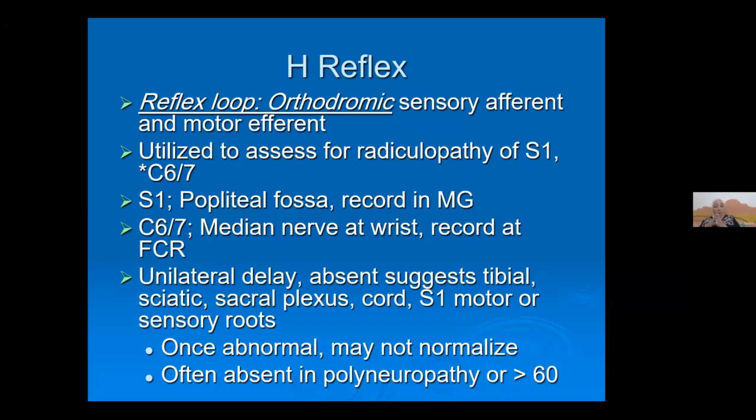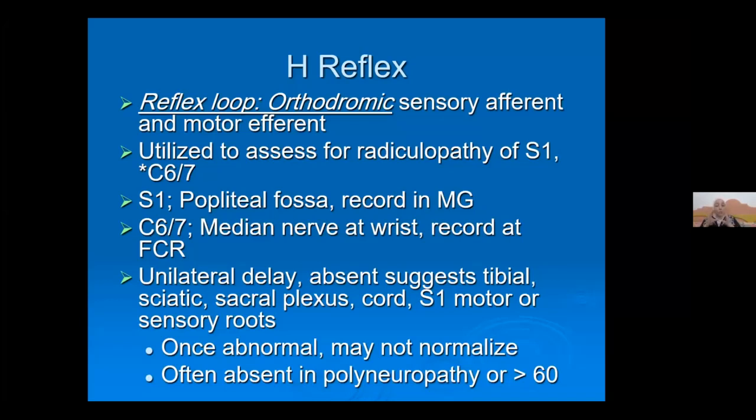When done in the lower limbs, we stimulate at the popliteal fossa while recording from the medial gastrocnemius muscle. I can find a unilateral delay or a total absence in the lower limbs, which not only suggests an S1 radiculopathy, it might be abnormal in tibial or sciatic nerve affection, in sacral plexopathy. That's why it has to be evaluated in the context of the other tests.